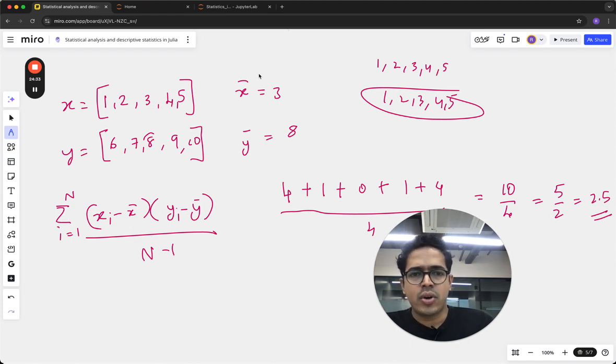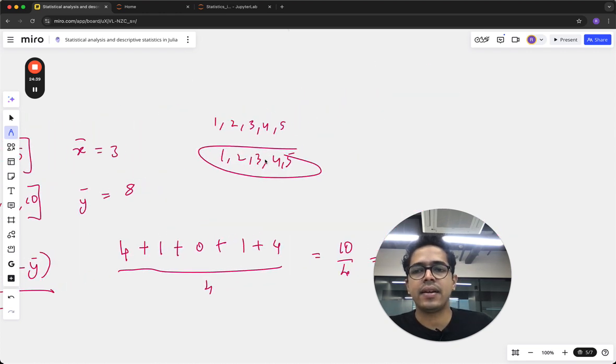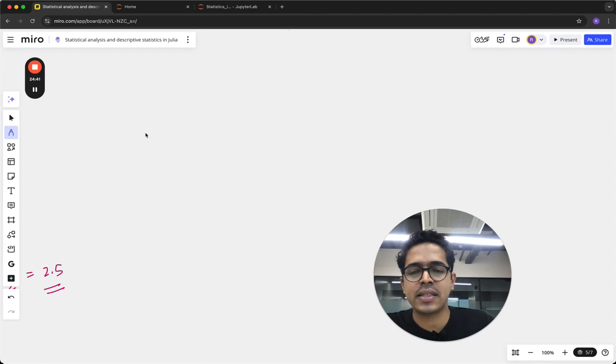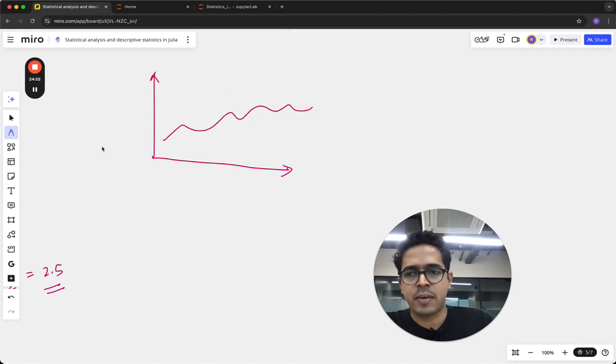So I could not find a really good visualization that shows covariance in a more intuitive manner, but we can explain it in a relatively easy way, right? So imagine that you have two companies and their stock prices. Let's say the stock price of company A is something like this, and then the stock price of company B is something like this.